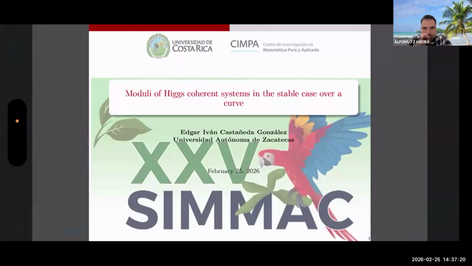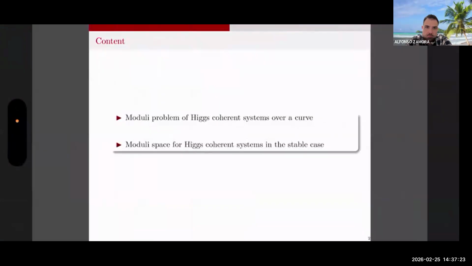The talk consists of two parts. In the first section, I will describe the moduli problem of Higgs coherent systems over a curve. Its objects are vector bundles related to Higgs bundles. Then I will discuss the construction of the moduli space for these objects when we assume some stability on the underlying vector bundles.